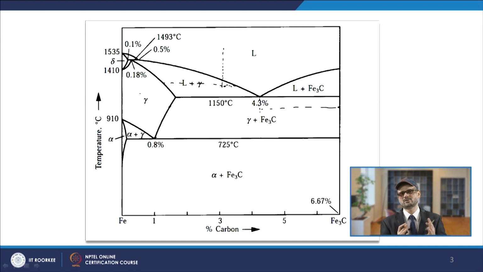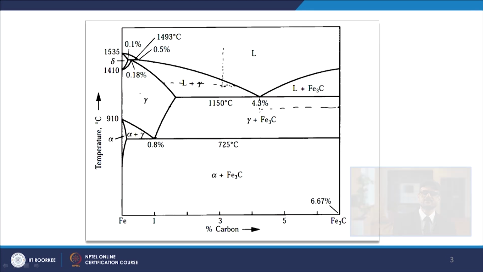So one liquid plus one solid phase gives you another solid phase, and that is your peritectic reaction. So in this iron carbon diagram, you will have different types of invariant reactions taking place. These are the three types of invariant reactions which we are seeing in this iron carbon phase diagram.